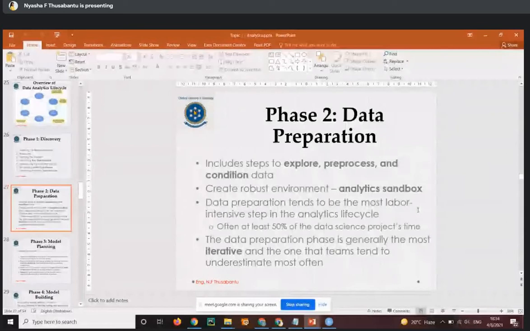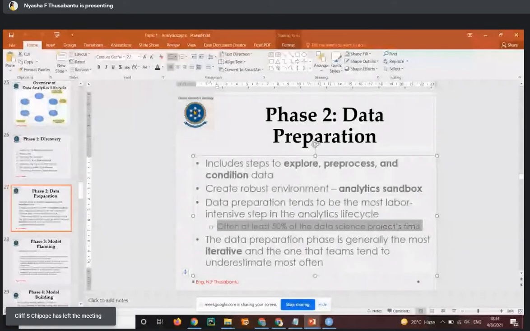And this analytics sandbox, you create on Hadoop frameworks, say Hadoop. Let me just say my frameworks are Cloudera, Hortonworks, those kinds of Hadoop frameworks. You create your analytics sandbox and you do your analysis there. Often, at least 50% of the data science project's time is spent in this data pre-processing stage because it's iterative.